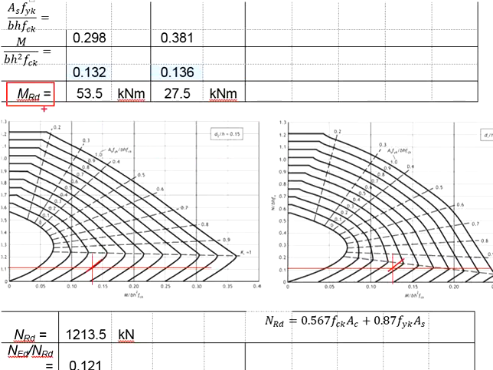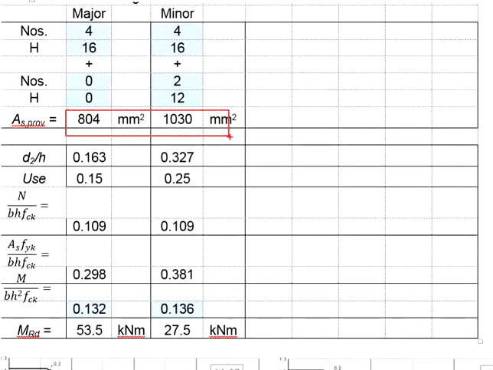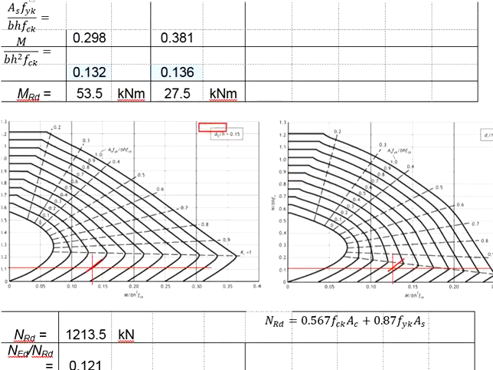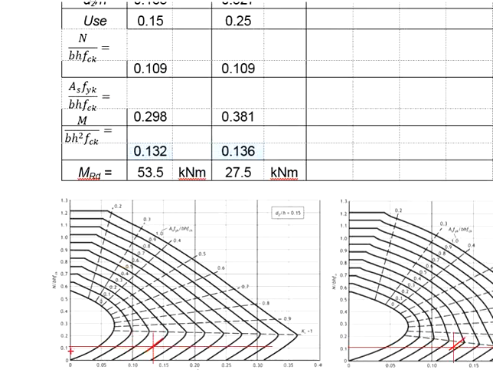MRD stands for the resistance provided by the amount of reinforcement bar in that particular axis. Let us first deal with the chart D per H ratio equals 0.15, which is meant for the major axis. Draw a horizontal line for N equals 0.109, and then the curve AS FYK per BH FCK should be equal to 0.298.